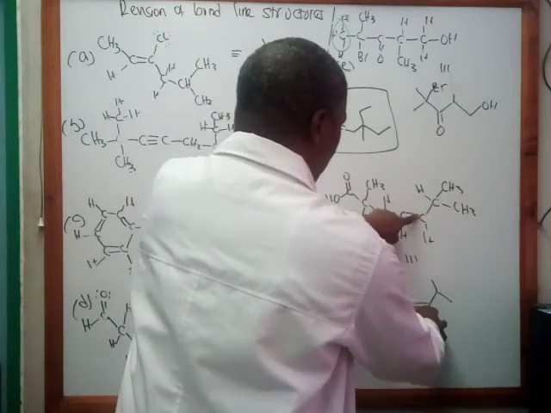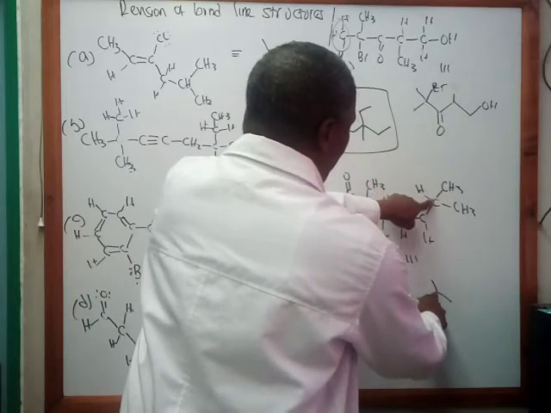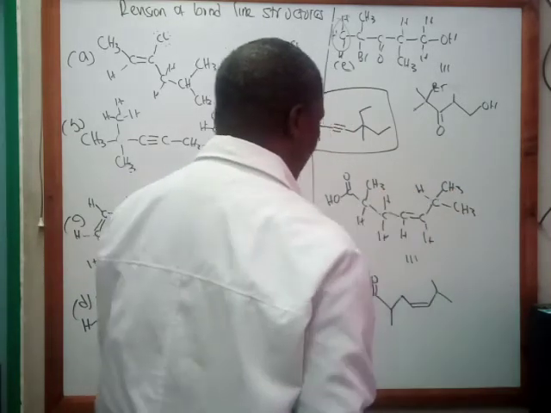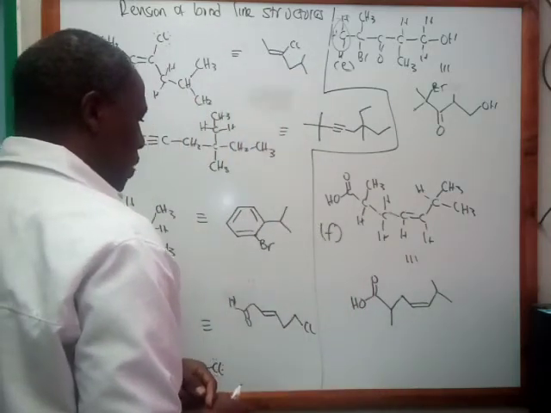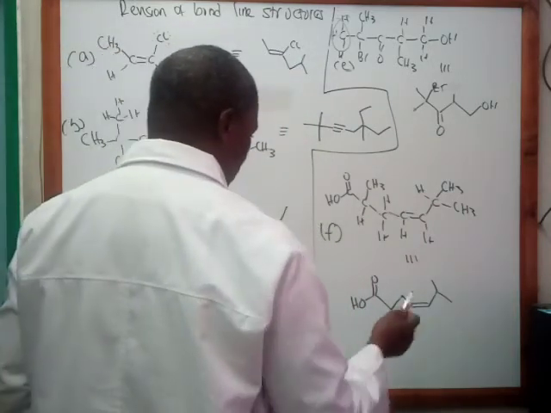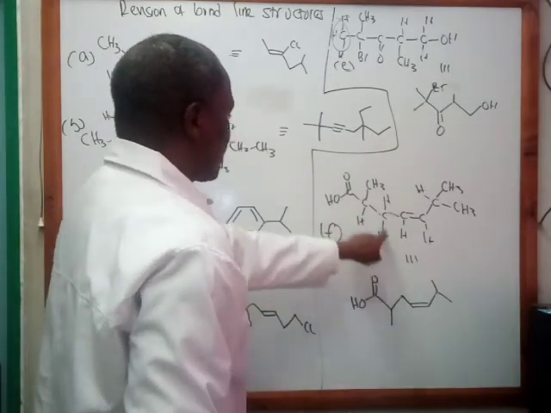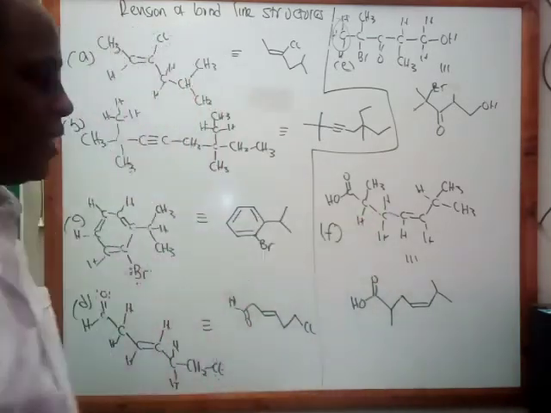So this carbon is that carbon, then there is a carbon with a CH3, and then there's a carbon with a hydrogen, yeah? Alright? So this is the bond line structure for this structure here.